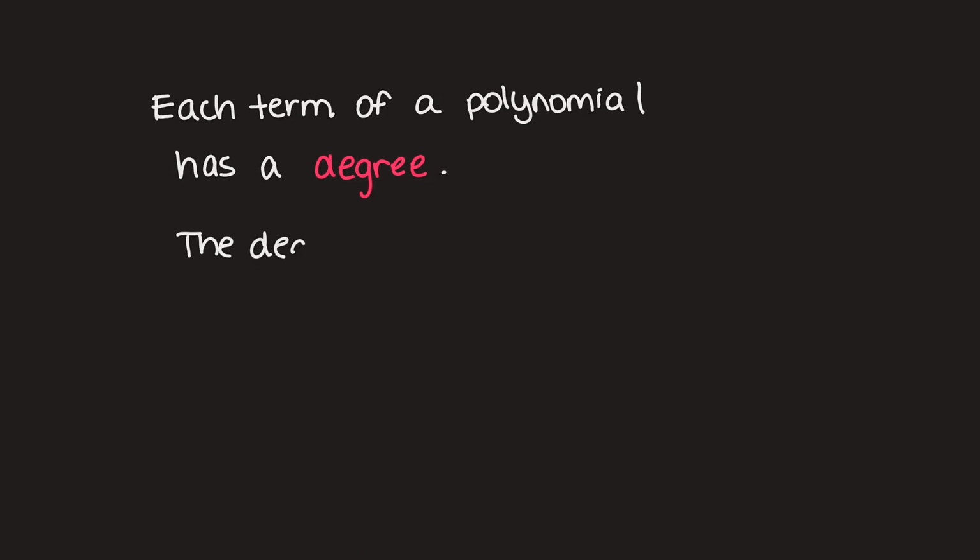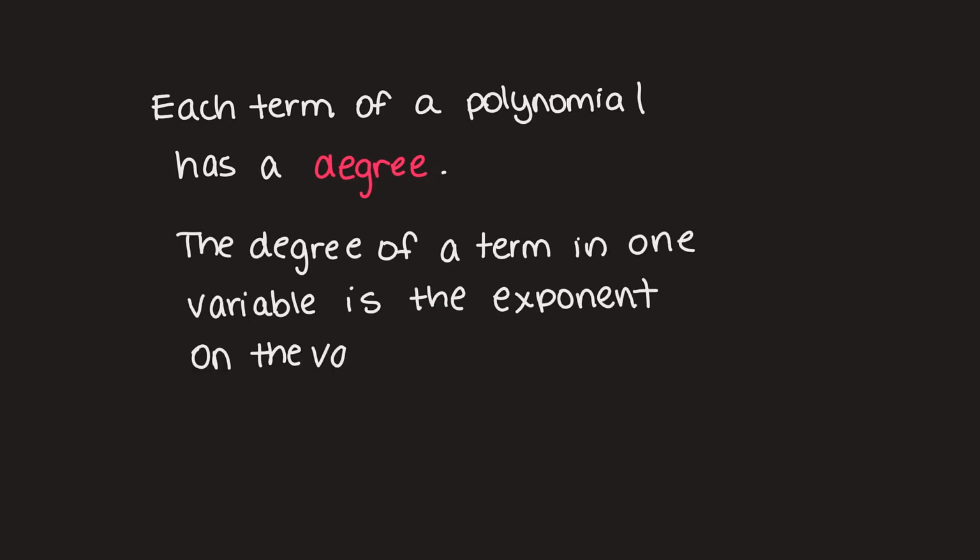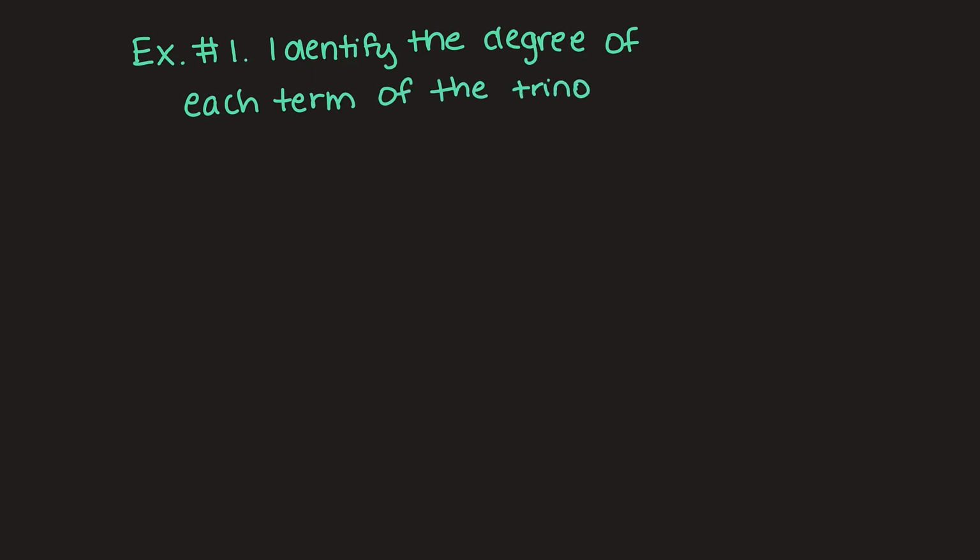Now, each term of a polynomial also has a degree, and the degree of a term in one variable is just the exponent on the variable. So for example 1, let's identify the degree of each term of the following trinomial.